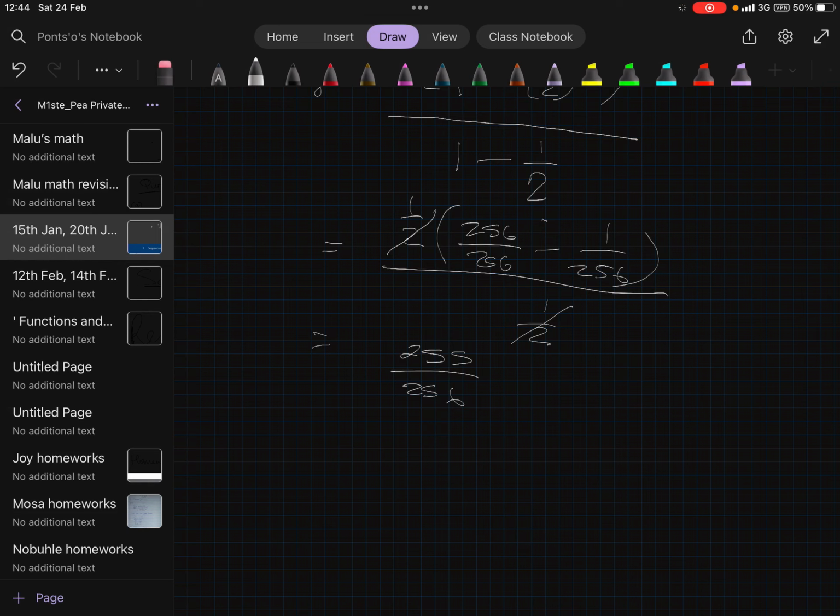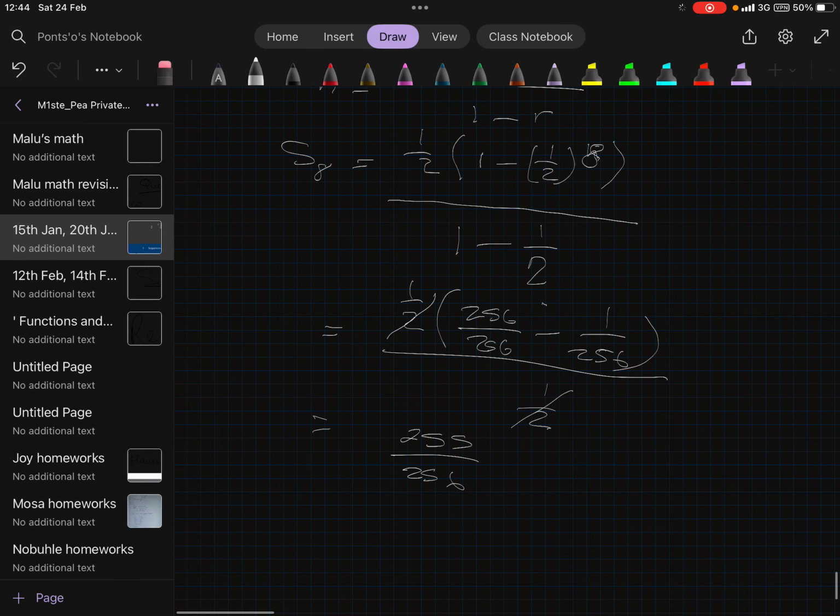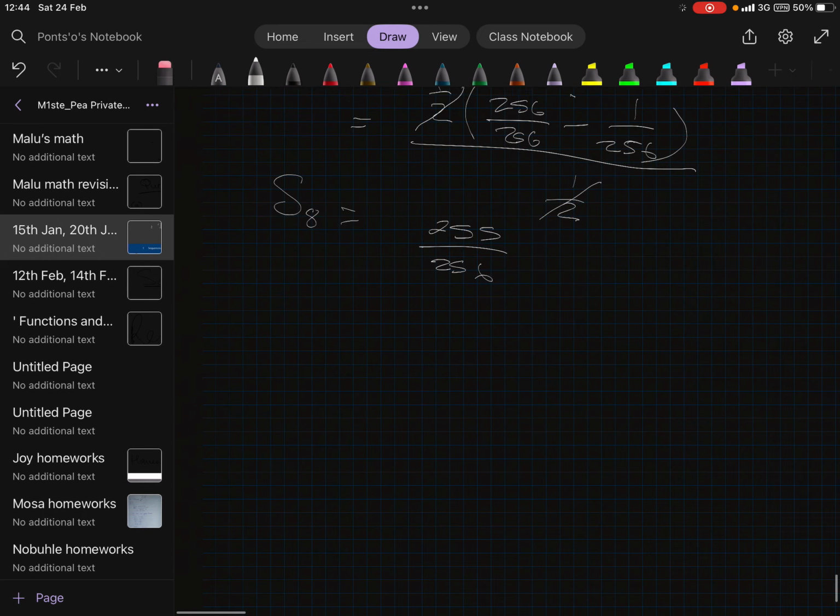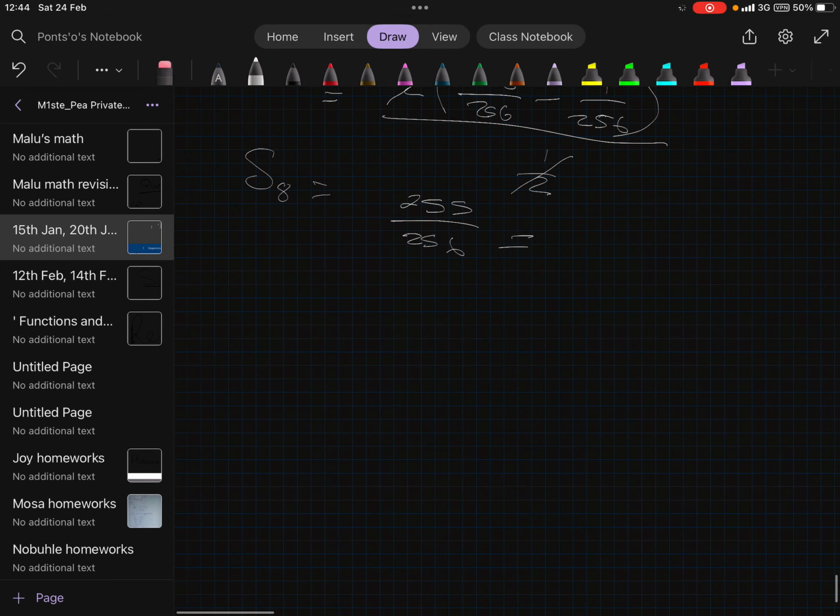So now the sum to the 8th term is 255 divided by 256, which equals the sum from n equals 1 to 8 of 1 over 2 to the power n. That whole expression equals 255 over 256.